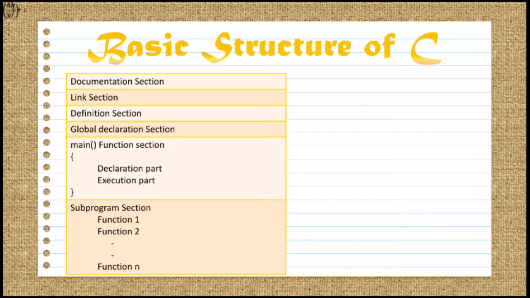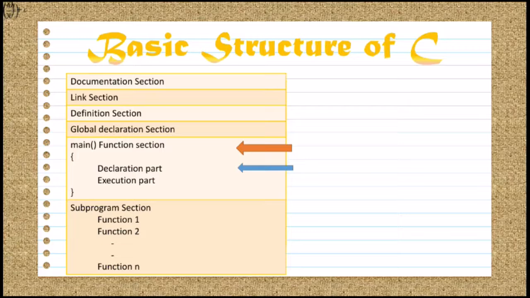Next one is the main function section. Every C program must have one main function section. This section contains two parts: first one is the declaration part and second one is the execution part. The declaration part declares all the variables used in the executable part.